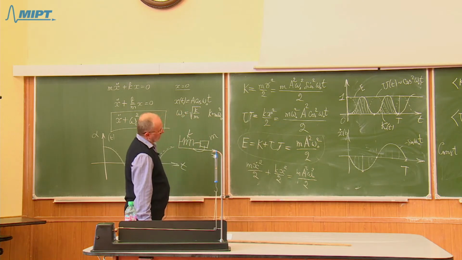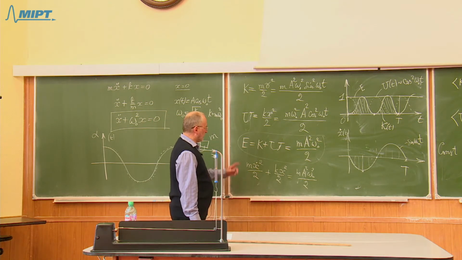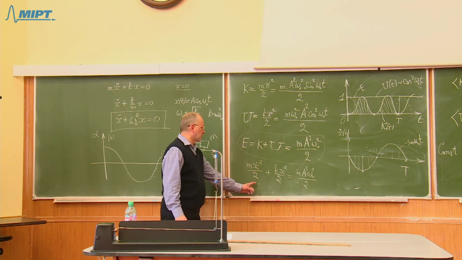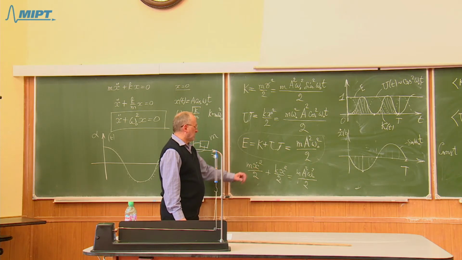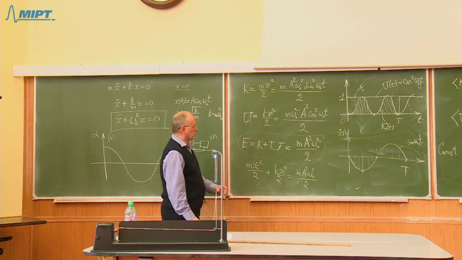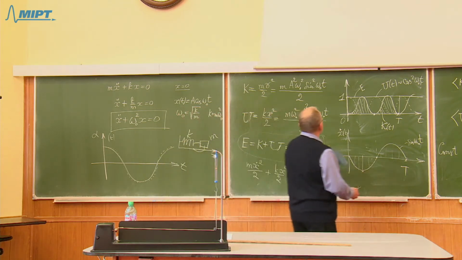So I will multiply this equation by 2 and divide it by m, so that the coefficient at the first term here will be unity. That will give me the following expression.